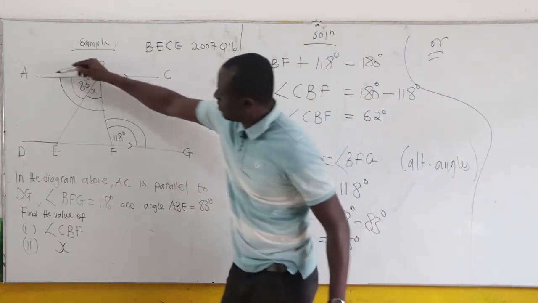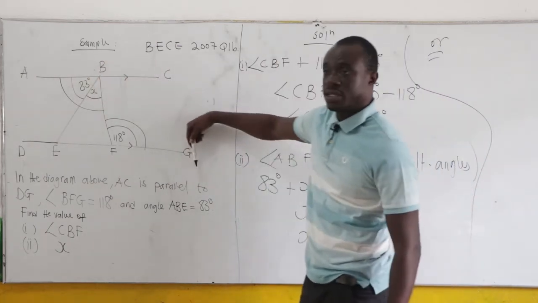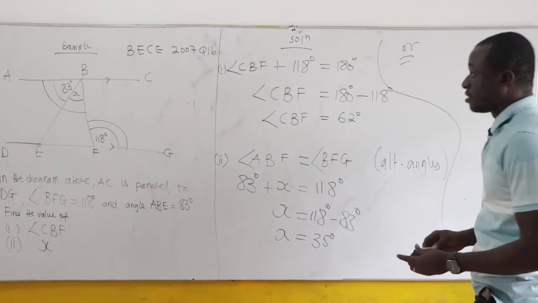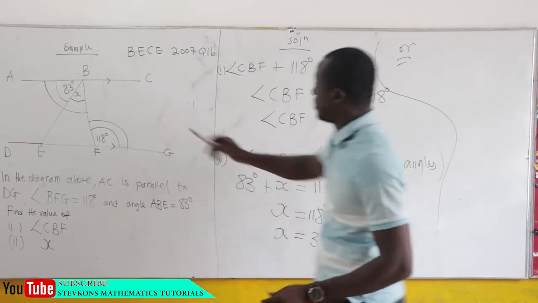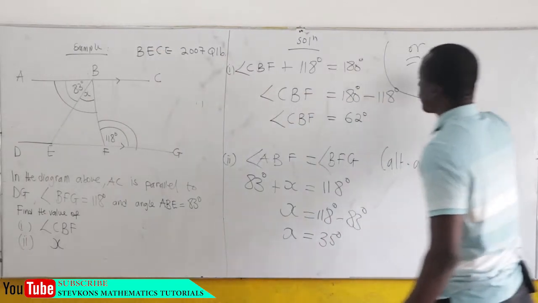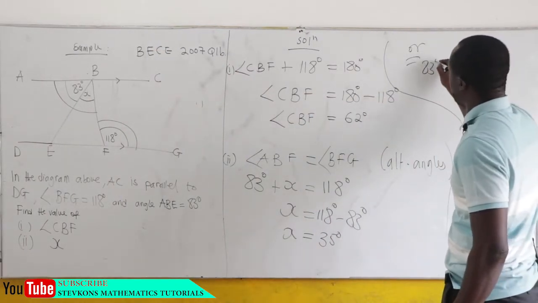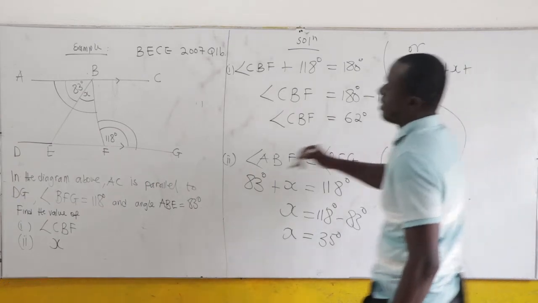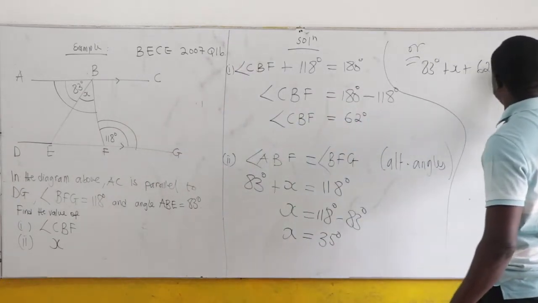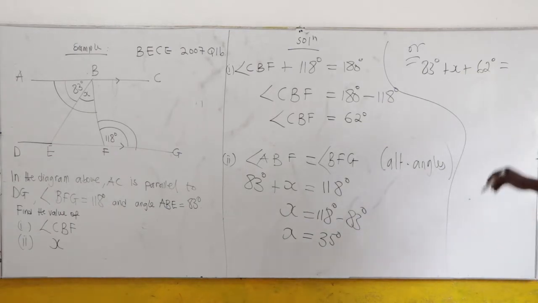Or if you can see that this one is alternating to that, we know the angle here to be equal to 35. We know the angle here, that is 62 degrees. Sum of angles on a straight line equal to 180. So that is 83 degrees plus x plus the angle over here, that is 62 degrees, equal to 180 degrees.